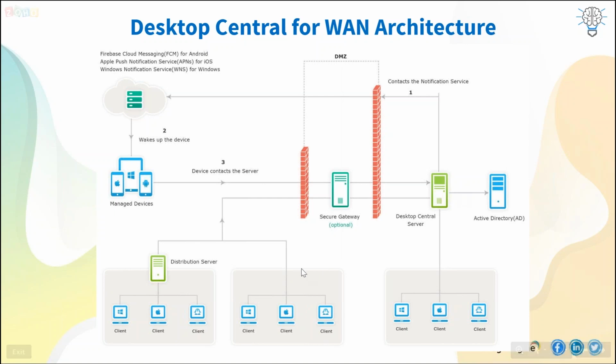The downloaded patches are distributed across the branch office agents depending on the status of the missing patches on each computer. This status is communicated back to the Desktop Central server directly by the branch office agents.